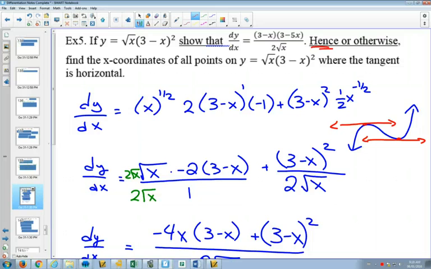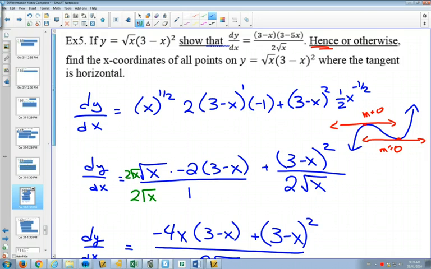What does the derivative tell us about slopes of tangents? Well, that's what the derivative is. The derivative is an equation for all the slopes of all the tangents. So if we want the tangents to be horizontal, what are the slopes of these lines? 0. In other words, we're looking for where is our derivative equal to 0.